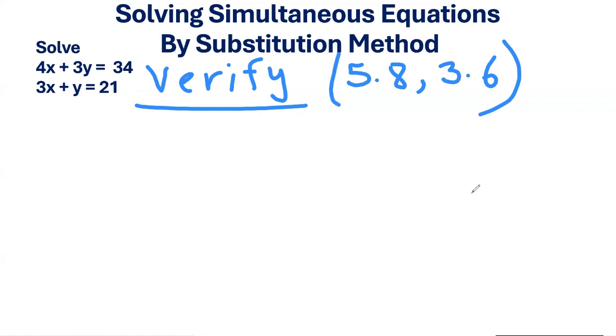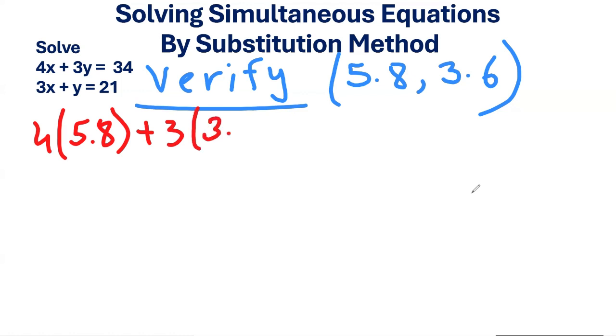You have to verify. So substitute these values in any of the equation. Let's take equation number 1. X is equal to 5.8 and y is equal to 3.6. You should get 34.